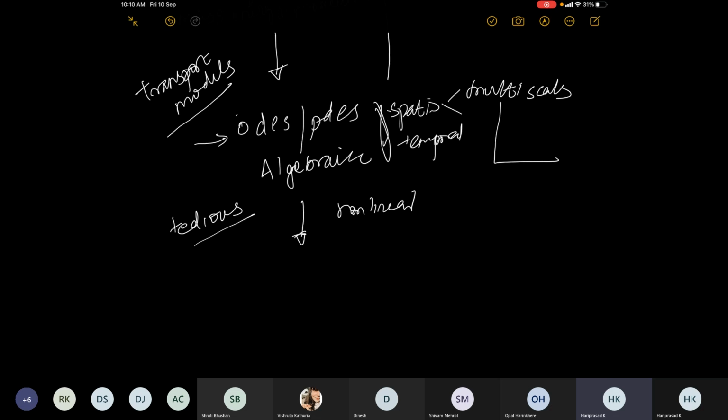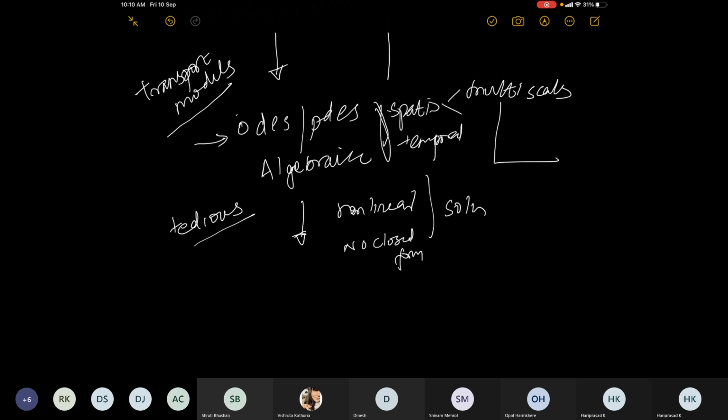So solution is always the problem. How do you solve it, and what are the bottlenecks? When you solve, the nonlinearity is a big problem. Then the other problem is that they are differential equations, so most likely there is no closed form solution.